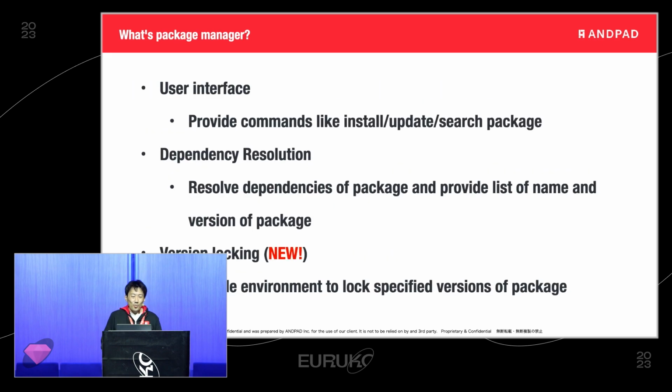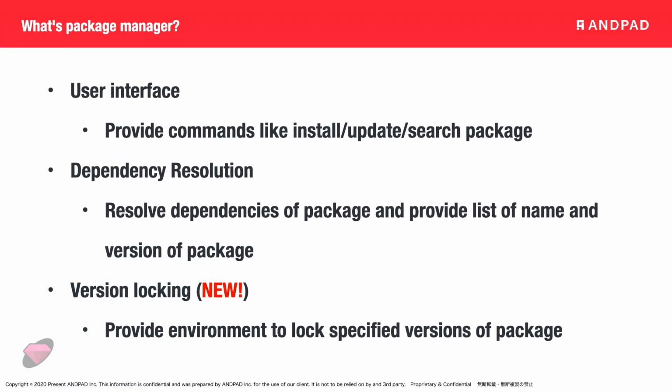I will explain what a package manager is. A package manager serves two primary functions. Firstly, it offers a user-friendly interface, for example for installation, upgrades, uninstalling, and other operations.